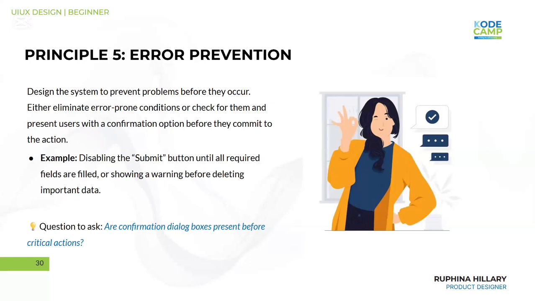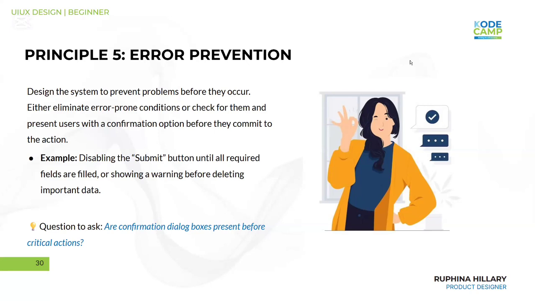Now, in this error prevention principle, the questions you should be asking yourself are things like: are confirmation dialog boxes present for critical actions? Sometimes when you're deleting something, let's say in your Google Drive or Google document, when you click on delete, it doesn't delete immediately.